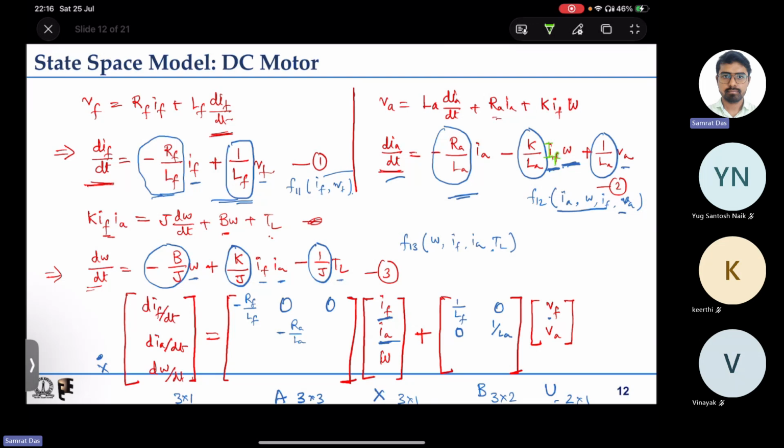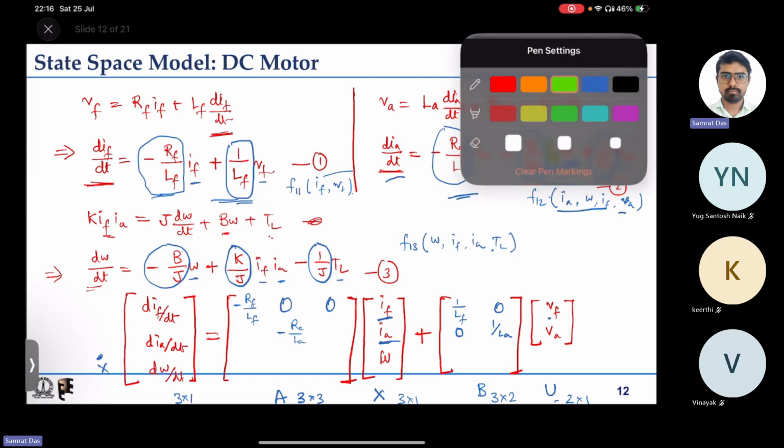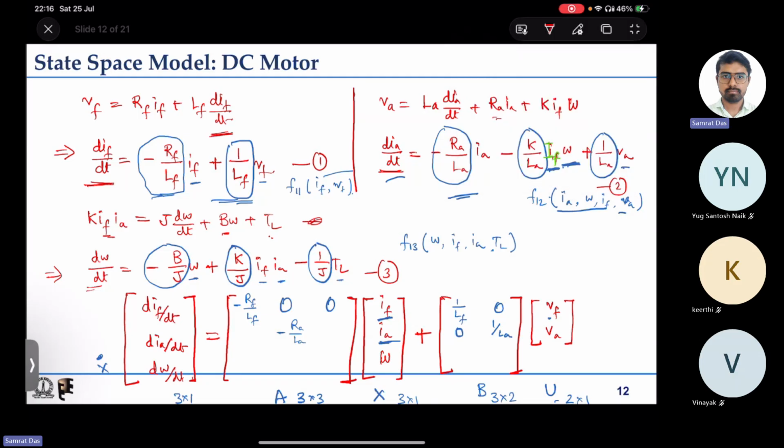So if will be capital If, that will become a constant number. With that assumption, it is possible for us to write the second equation also in the format where there will be no if dependency, so this will be 0, and the constant term appearing here will actually be k by La into if.